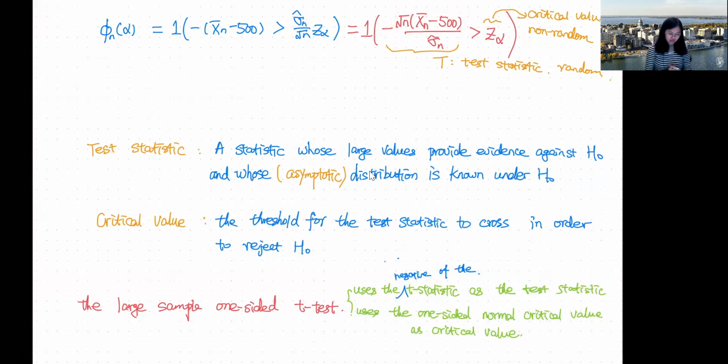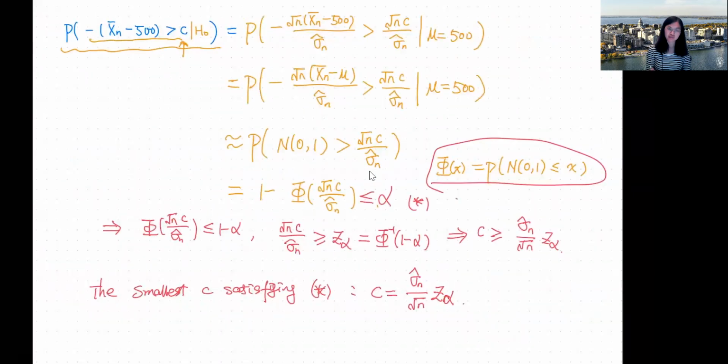Okay. The reason that we want the distribution of this to be known under the null is that we want to be able to come up with the critical value that satisfies our requirement that the probability of type 1 error should be less than or equal to alpha. And that was exactly how we figured out this critical value on this previous page.